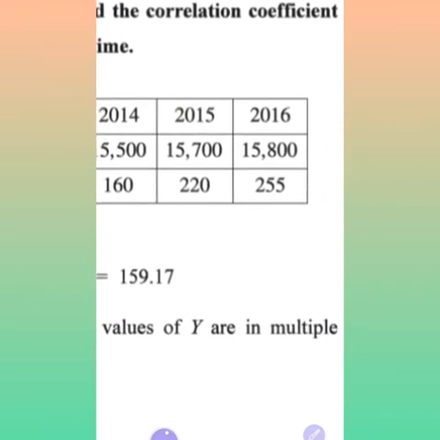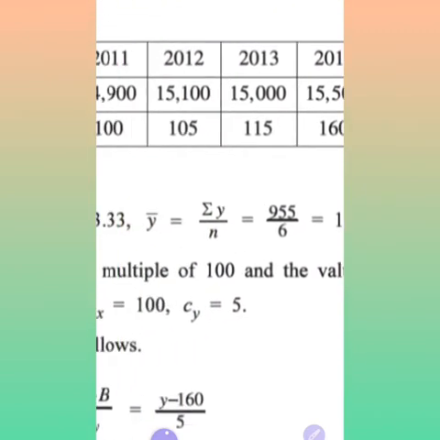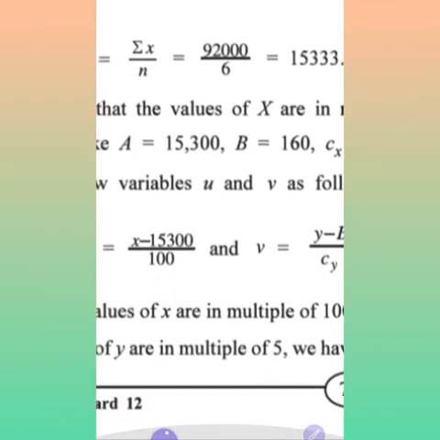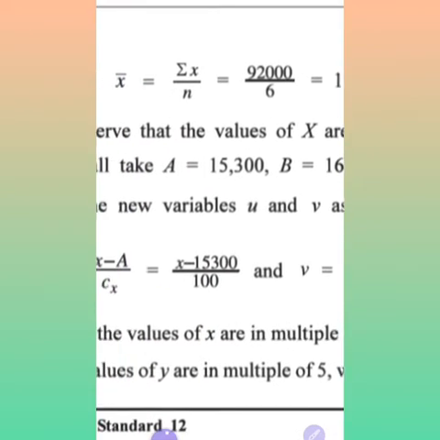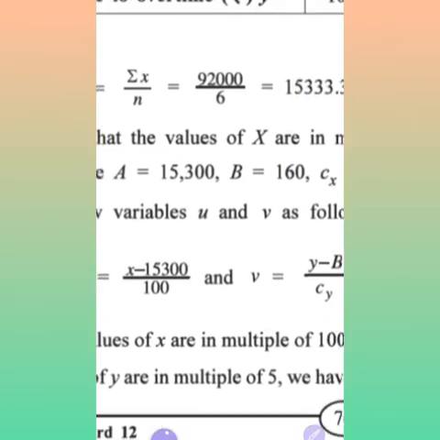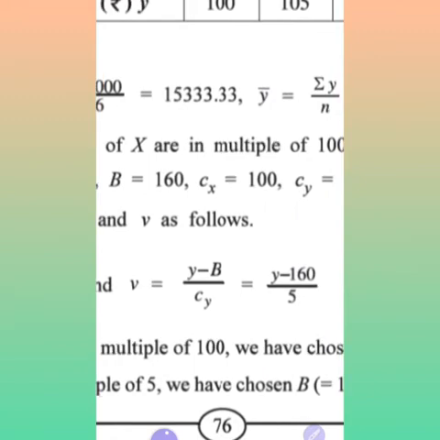And that's why what we have done is that to reduce the number more, we have divided it by 100. Deducting 15,300 is the change of origin, and dividing the whole number by 100 is actually change of scale. The similar method we are going to use for finding out v.